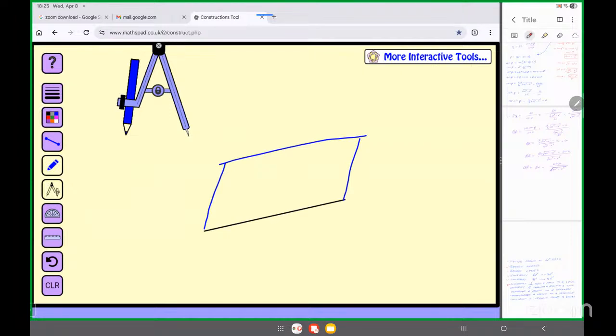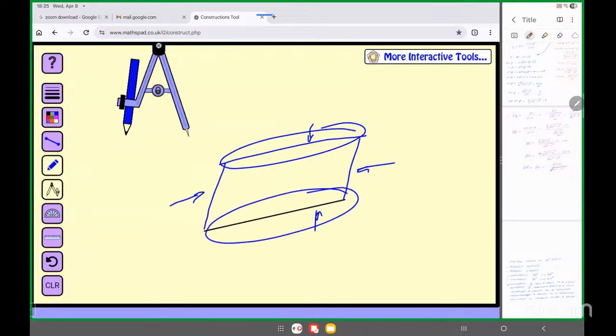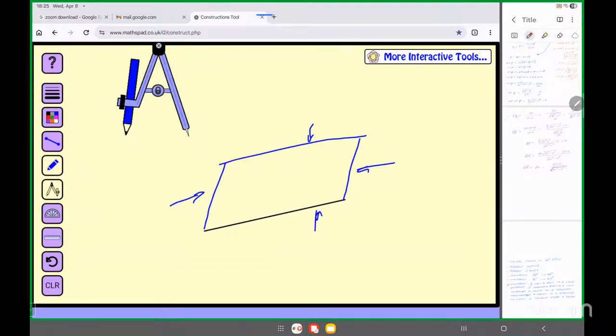That's how I'm going to get this line to be parallel to this line by formulating that blue thing. What do we know about a parallelogram? This length and this length equal, and this length and this length equal. So all I need to do is transfer those distances. That's the method, to transfer those distances.